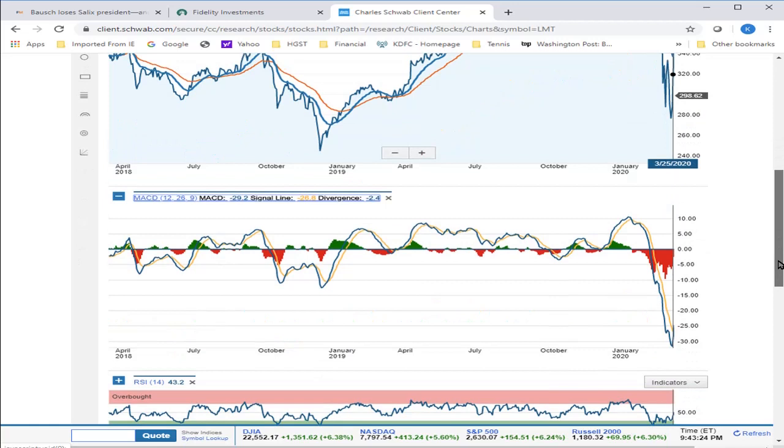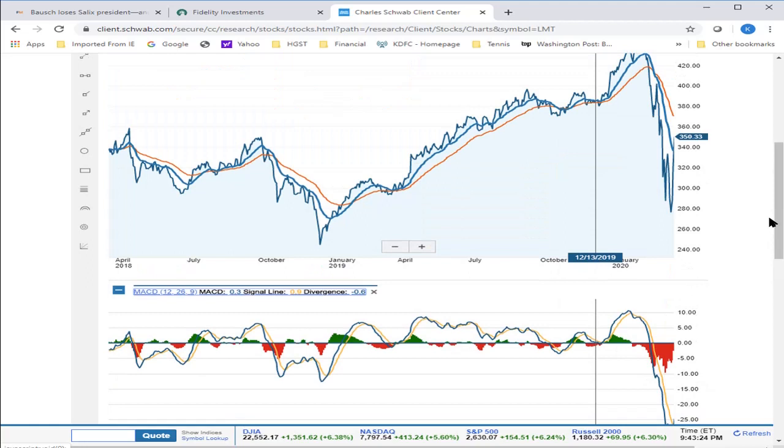So the strength here is what I consider a very good indicator that your reward to risk is going to be in your favor significantly compared to any other time. And as you look at the price, you can see there are some positive trends and negative trends here that you could play off of.